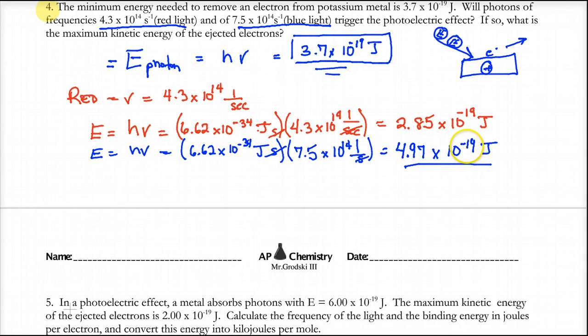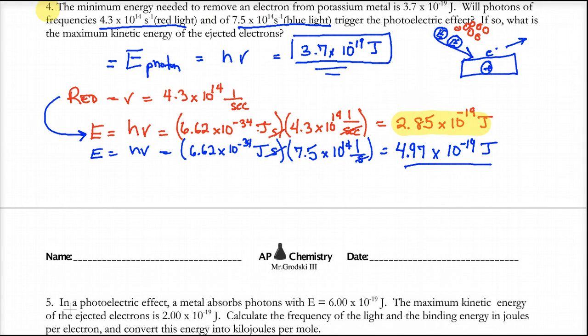So the minimum amount of energy it takes to eject an electron is 3.7 times 10 to the negative 19. The red light, this equation right here, has this amount of energy per photon, which is too small. So I don't care how much you turn on the red light, how much you increase its intensity, more photons, it'll never eject any electrons, because each individual packet or bundle of energy, each photon, doesn't have enough to liberate an electron.